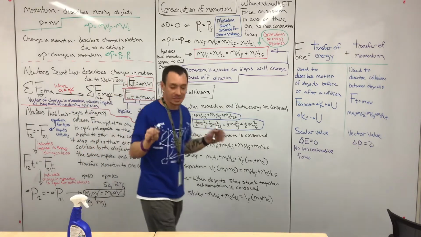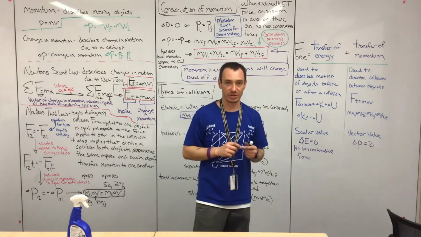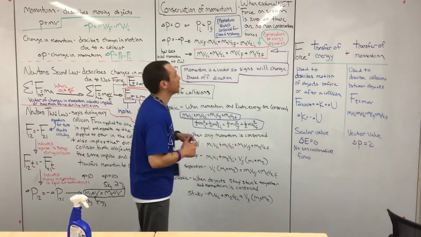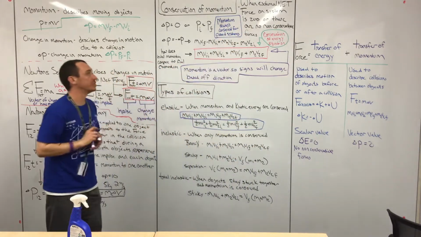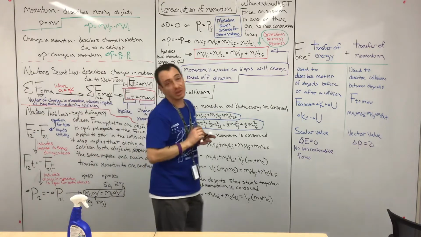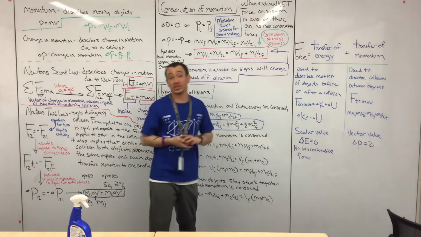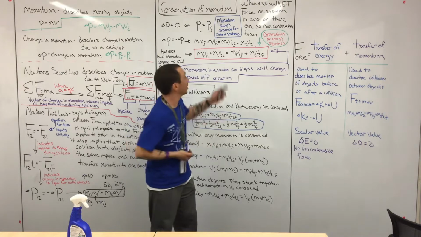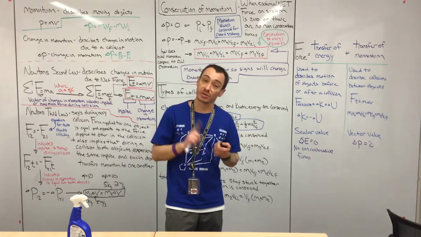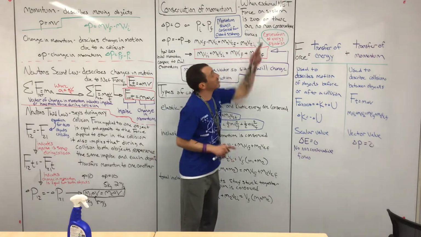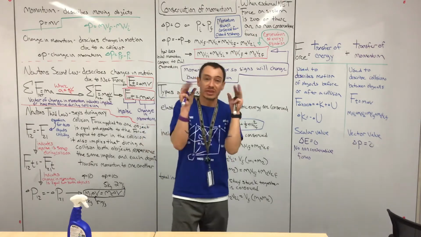But in this class, we don't get into tricky situations in algebra-based physics. So what we say is momentum is always conserved for closed systems, just like we said energy is always conserved for closed systems as well. We're just going to assume that every system we're talking about in here is either closed or that the net external force is negligible.